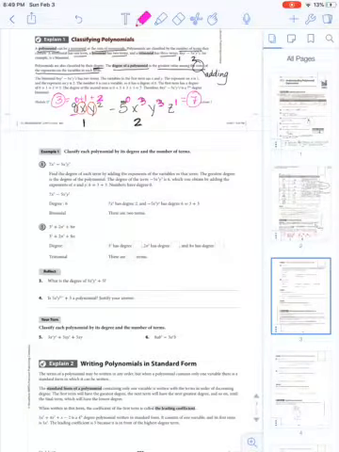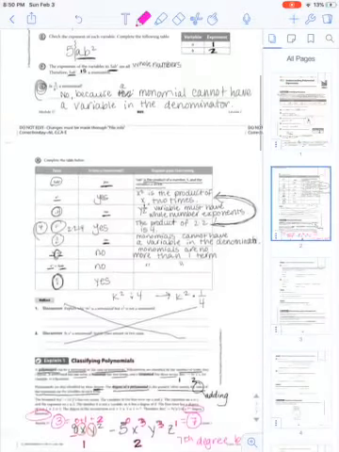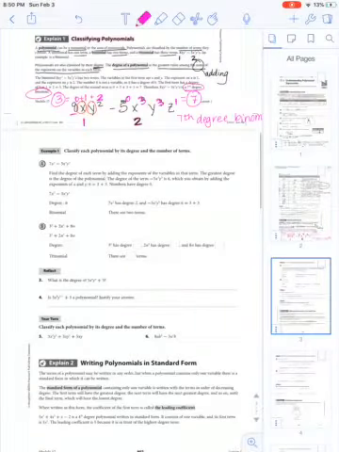Okay, so our highest degree is actually going to be a 7th degree binomial, right? Remember, binomial is two terms, and so this would be a 7th degree binomial.